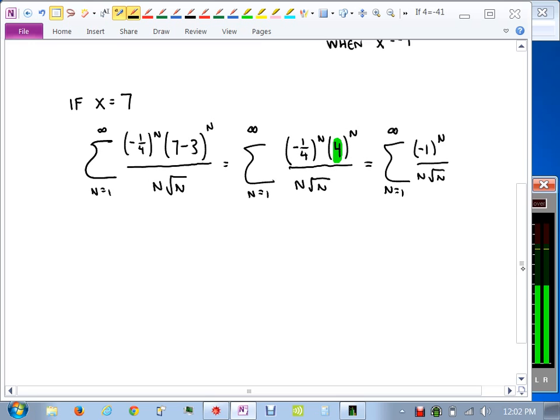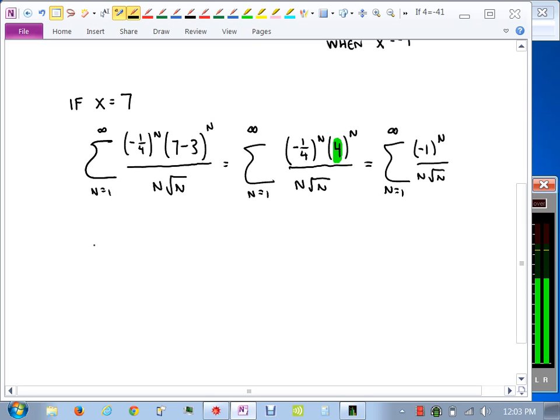So we have some options, right? You could take the absolute value of it. But didn't we have, if the absolute value of a series converges, the original one converges? Right? Theorem 8. You could also do alternating series test here.